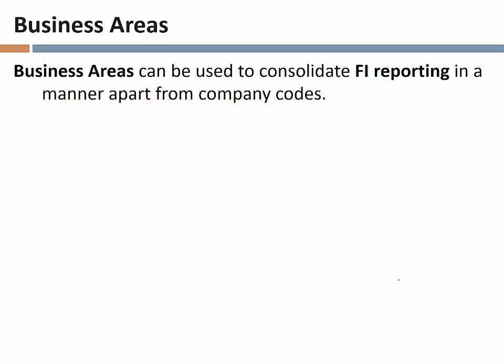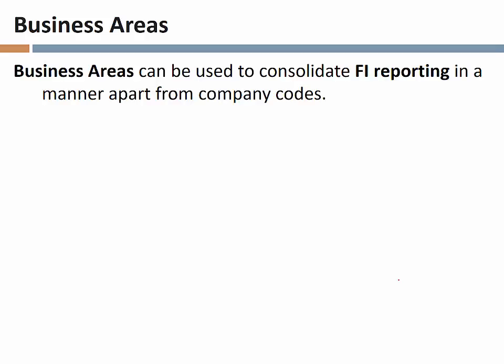Or perhaps we would want to be able to generate a financial statement that would bring together a part of one company code with a part of another company code and create a structure kind of like this oddball little square I drew here. Suppose we needed to do that. How do we do that? We can do that through business areas.